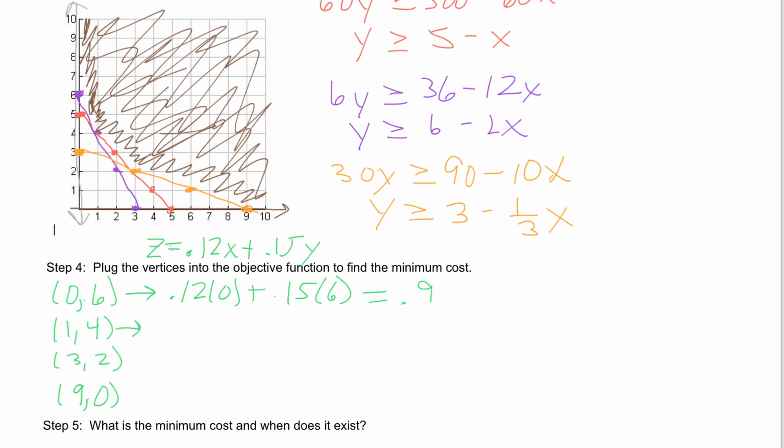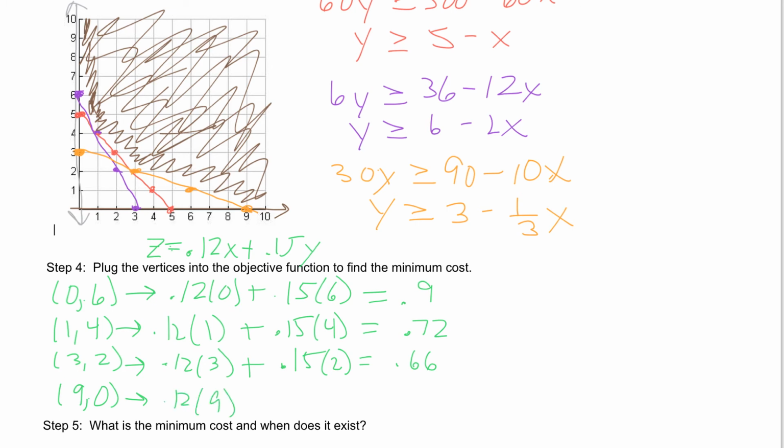If I plug the next one in, 0.12 times 1 plus 0.15 times 4, that will give me 0.72. Plugging in 3, 2, I get 0.12 times 3 plus 0.15 times 2, and that will give me 0.66. And if I plug in 9, 0, I get 0.12 times 9 plus 0.15 times 0, and that's equal to 1.08.